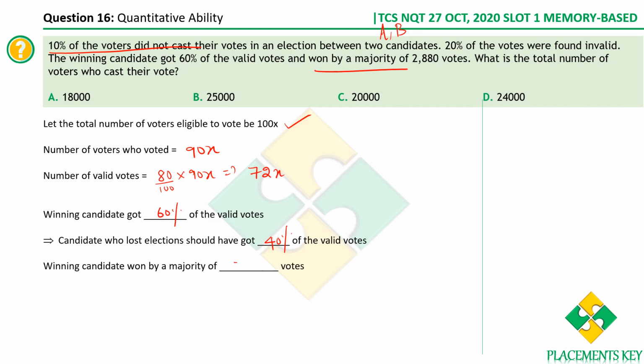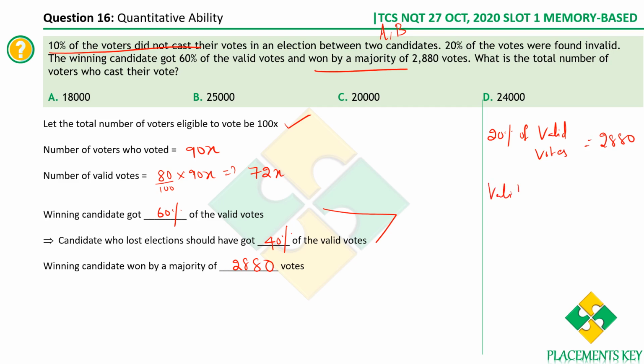He won by a majority of 2880 votes. The majority in terms of percentage is 20%, right? Therefore we can say that 20% of the valid votes is equal to 2880.